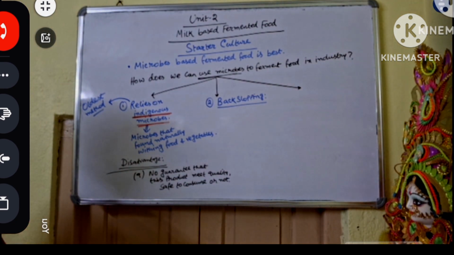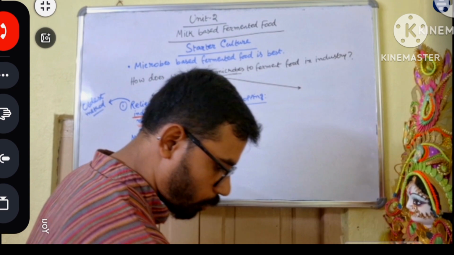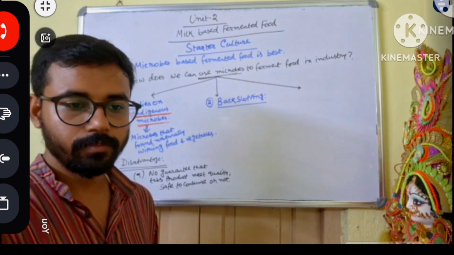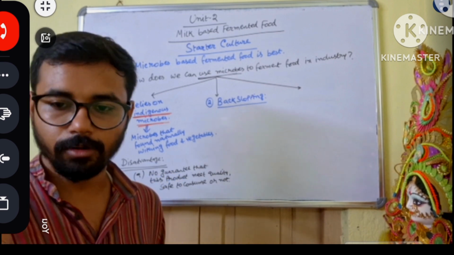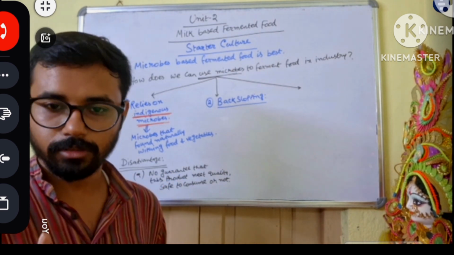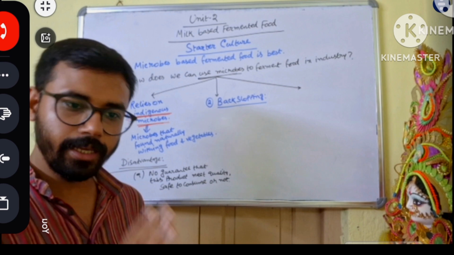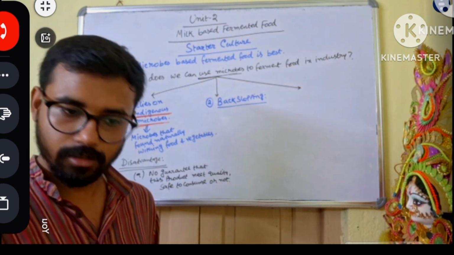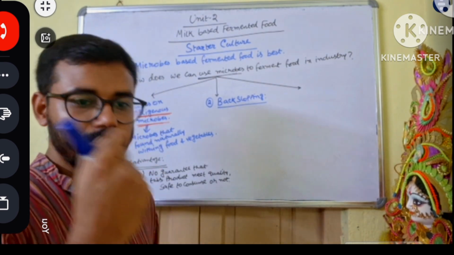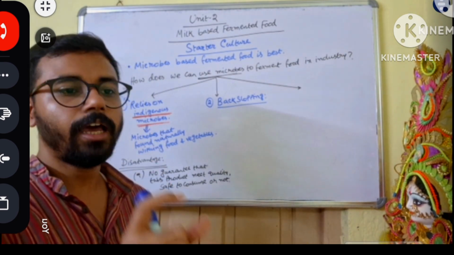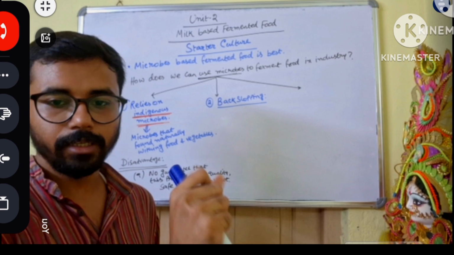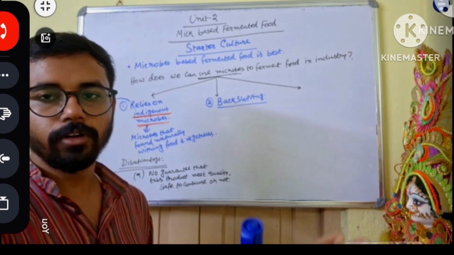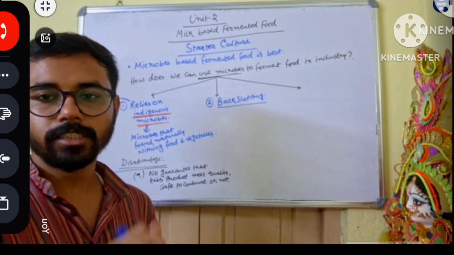Back slopping means when a particular product is formed after using indigenous microbes, a well fermented product is formed. Clear? Successfully produced. You are testing that product and it is successfully produced after using indigenous microbes. Then take and maintain a small amount of that fermented food, and that is used for the second batch, and it is called back slopping.